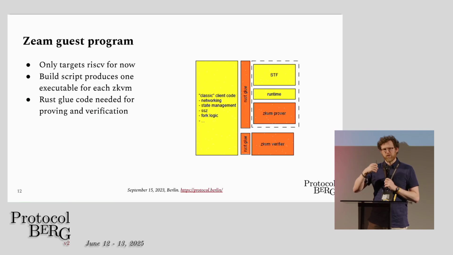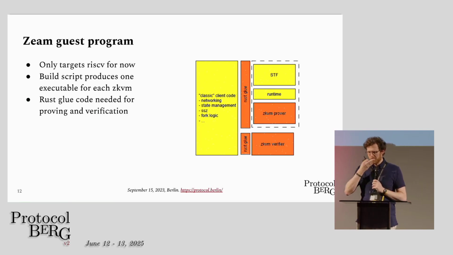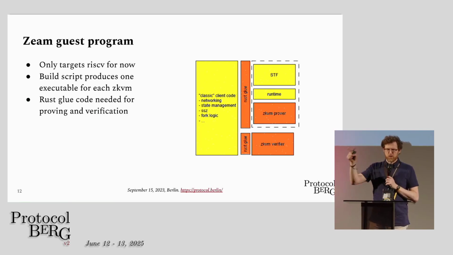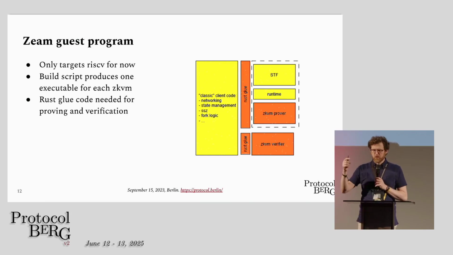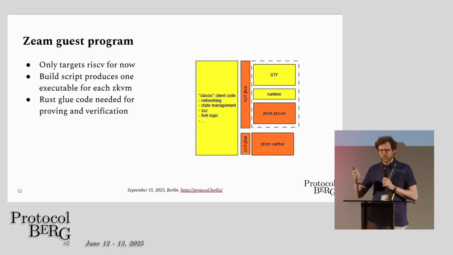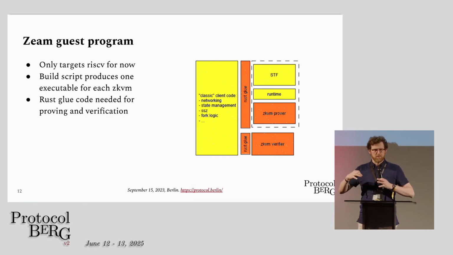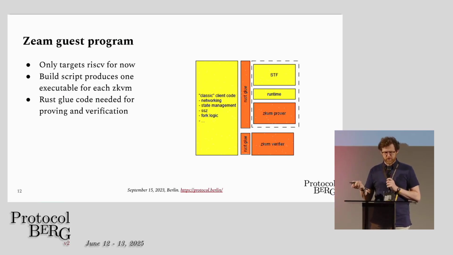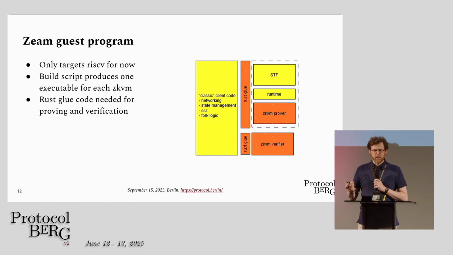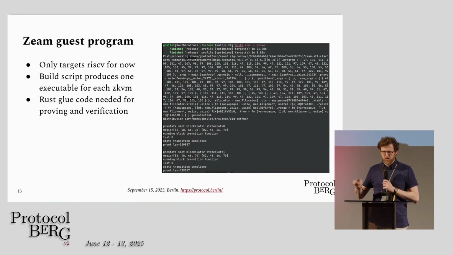And then when you need to prove a block, you have to go through a Rust interface, because the zkVM itself is written in Rust and the verification function is written in Rust as well. So it makes for a bit of a mash of languages together. Some of them have to be built as libraries to be imported in the other system. But ultimately, it works. And you can see an execution.